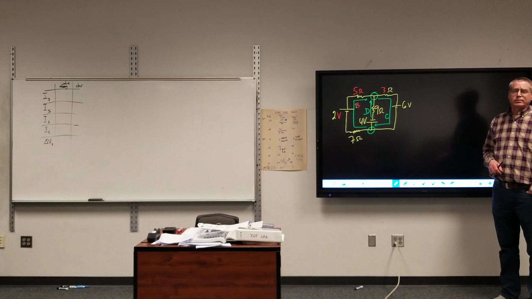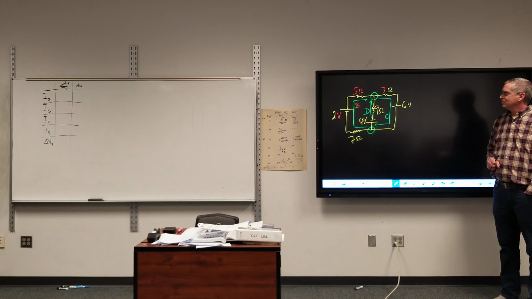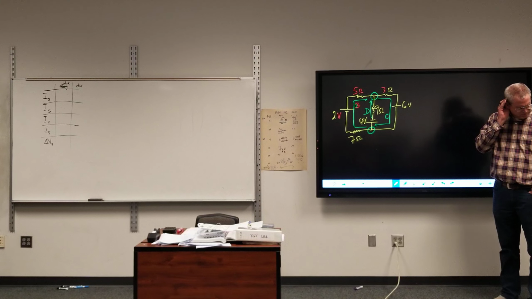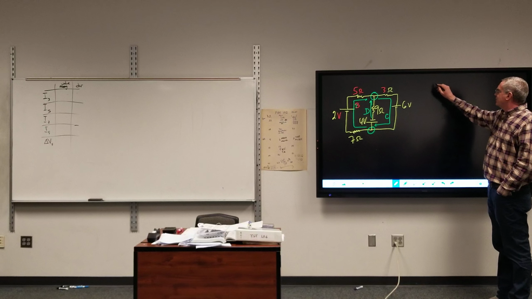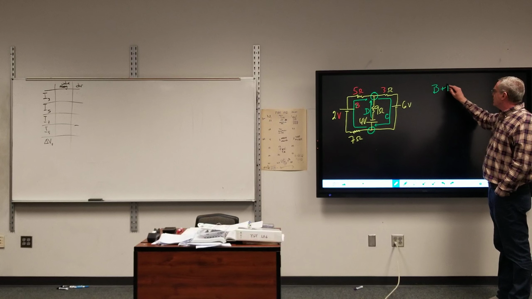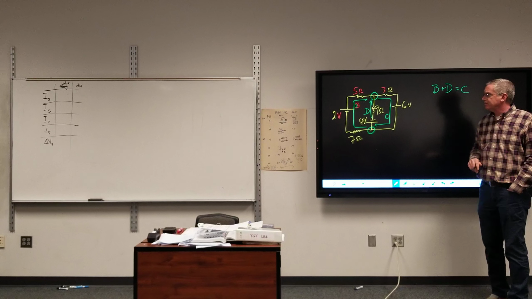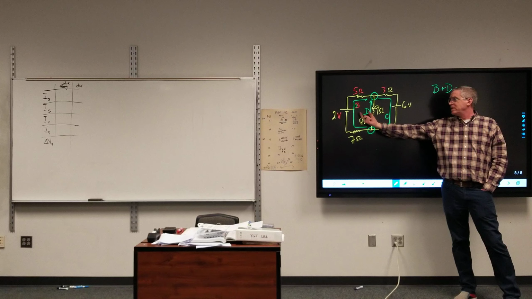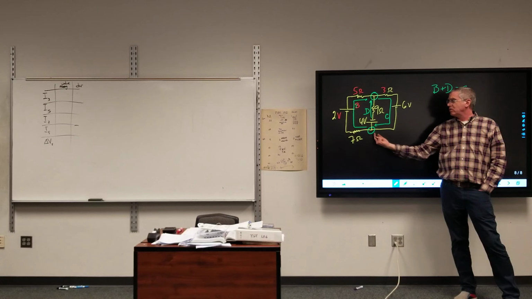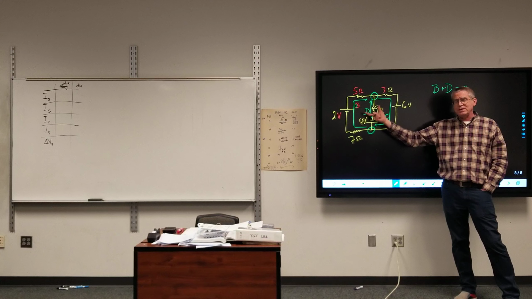Worst that happens is you're wrong. D plus B equals C. Say it again. D plus B equals C. All right, so B plus D equals C. All right? Because at this junction, those B and D are going in, C is coming out. Or at this junction, C is coming in, B and D are going out.